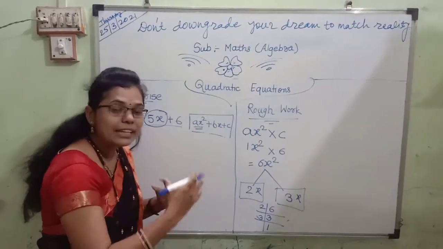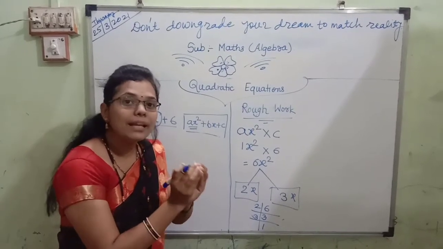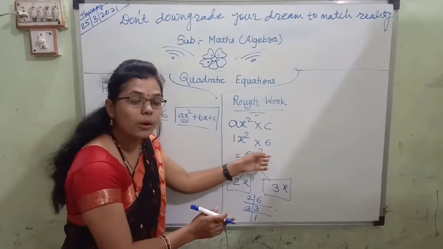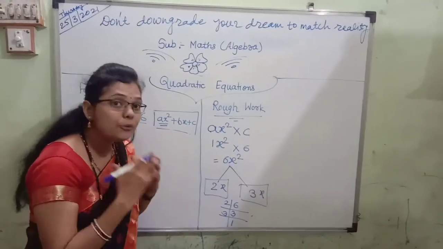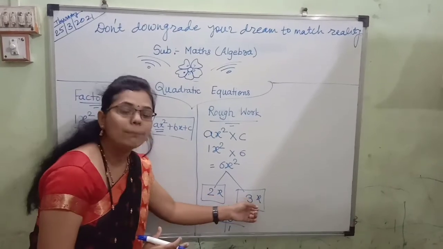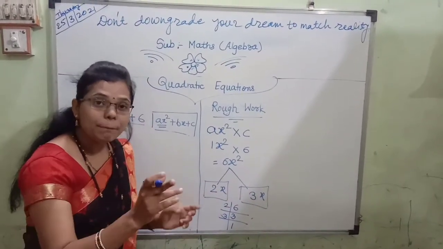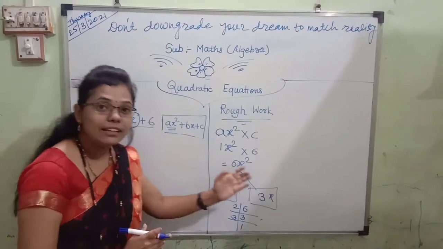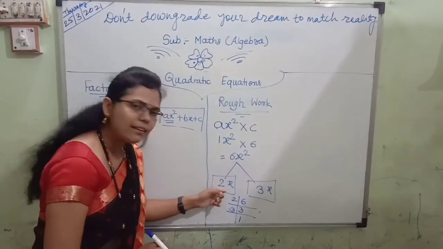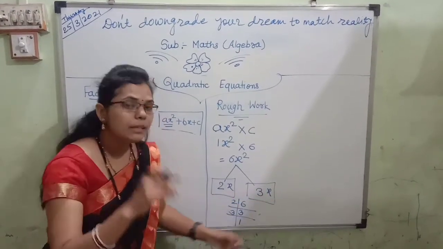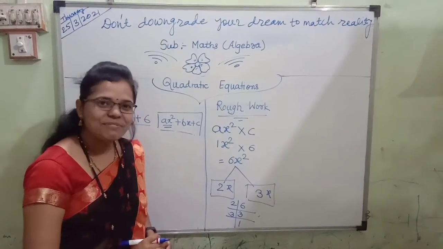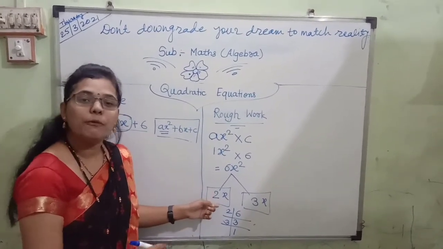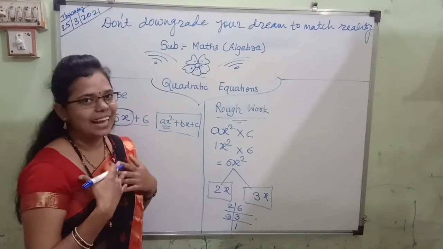Whenever I get the multiplicative factors of this 6x square, at the same time I have to see what is the addition of these two factors. If that is fulfilled with the middle term, then my answer is correct. Let's recheck it again. 2x plus 3x, is it becoming 5x? Yes my dear, it is becoming 5x, and because of that whatever factors I prepared are correct.